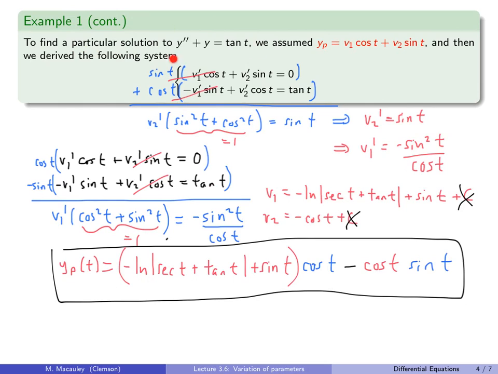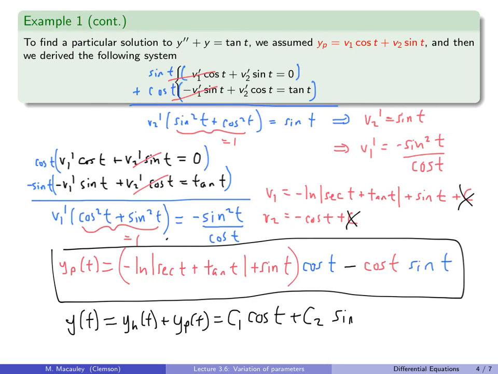The general solution, of course, is y of t equals yh of t plus yp of t, which is c1 cosine of t plus c2 sine of t plus yp of t.